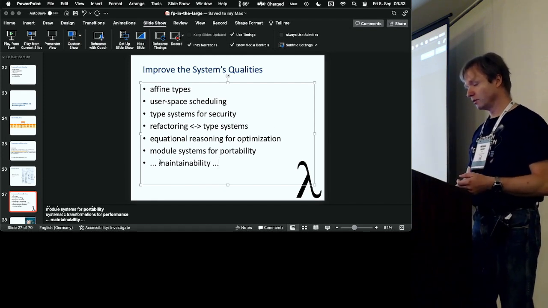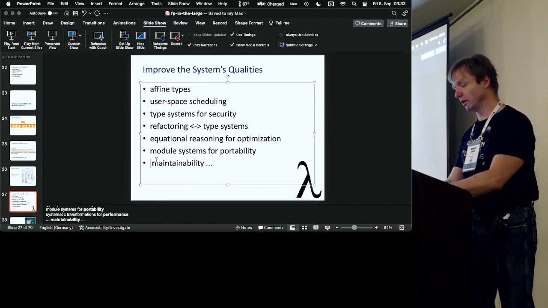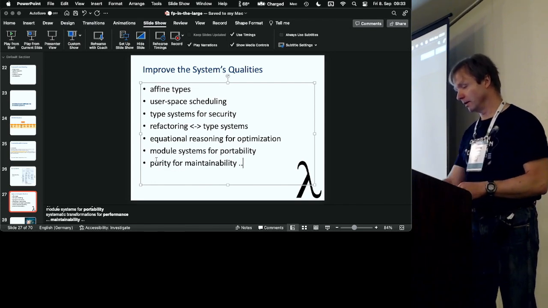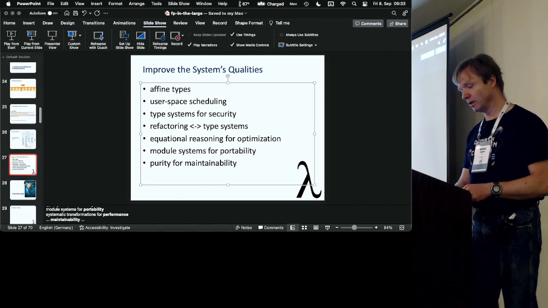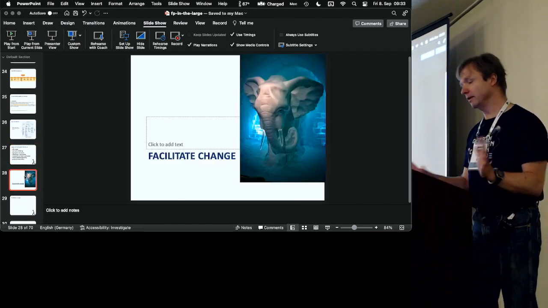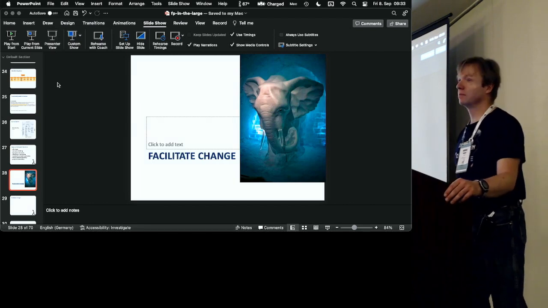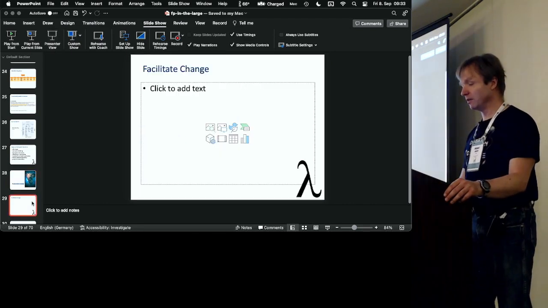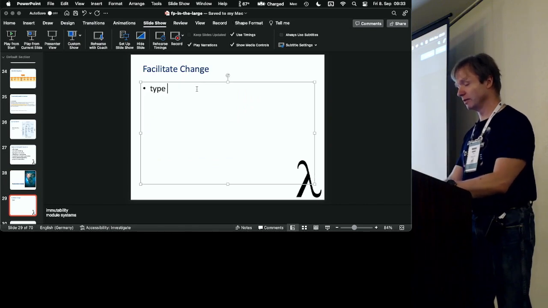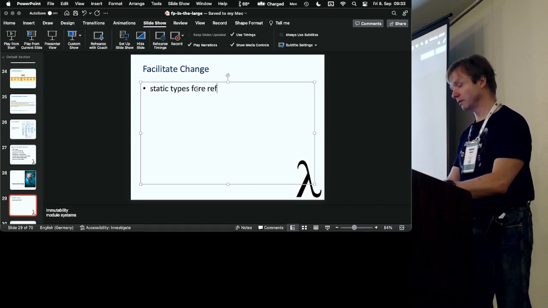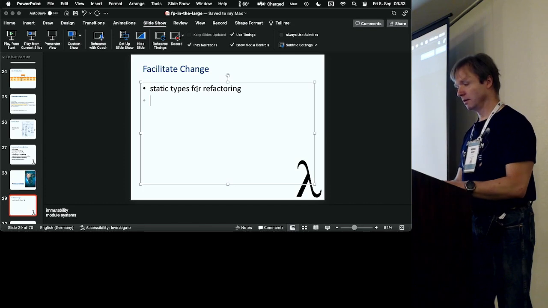So maybe I'm just going to say purity now, but other aspects might impact that as well. I think the elephant in the room really is, what have we done for facilitating change? Somebody already mentioned type systems for refactoring, or static types for refactoring.